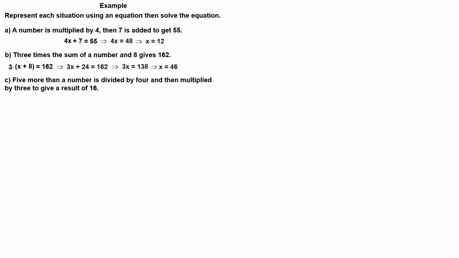Five more than a number is divided by 4 and then multiplied by 3 to give a result of 16.